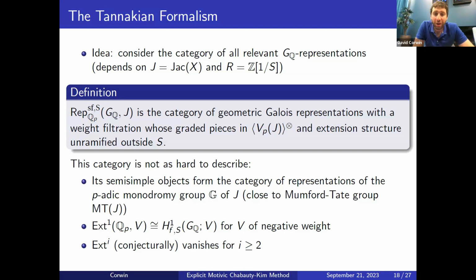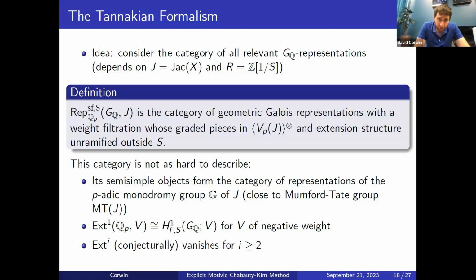So I'm requiring all of my representations to have a weight filtration where the weight graded pieces have the appropriate weights in the sense of the Weil conjectures, or Deligne's work on the Weil conjectures, but then more specifically, such that the graded pieces are in the Tannakian category generated by the Q_p Tate module of J. Okay, so that's the key thing.